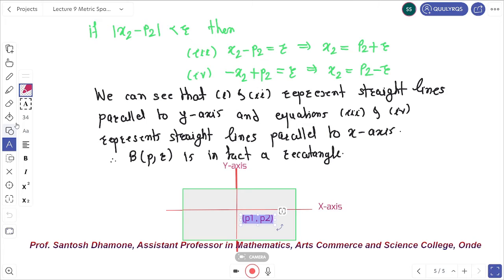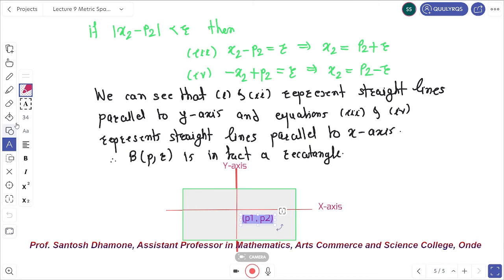Point P1, P2, and there are four equations. x1 is equal to P1 minus R. This equation is x1 is equal to P1 plus R. This is x2 is equal to p2 plus r.